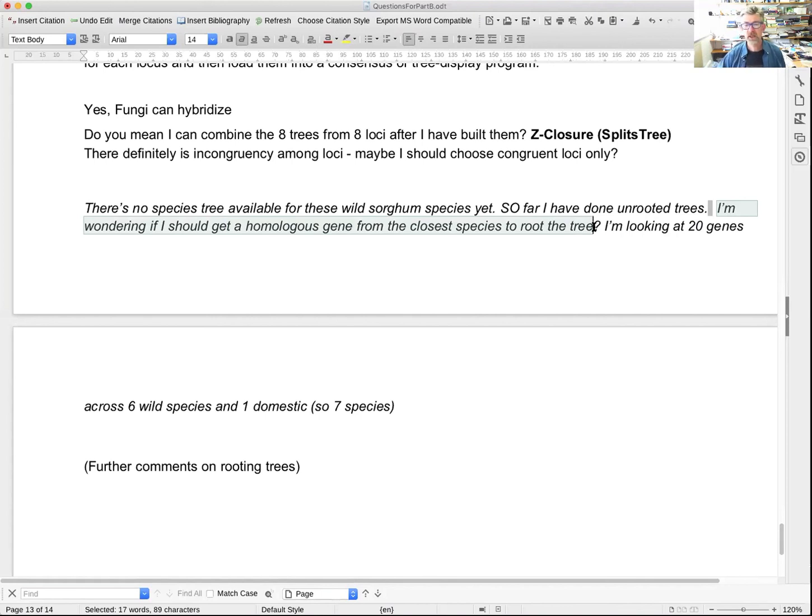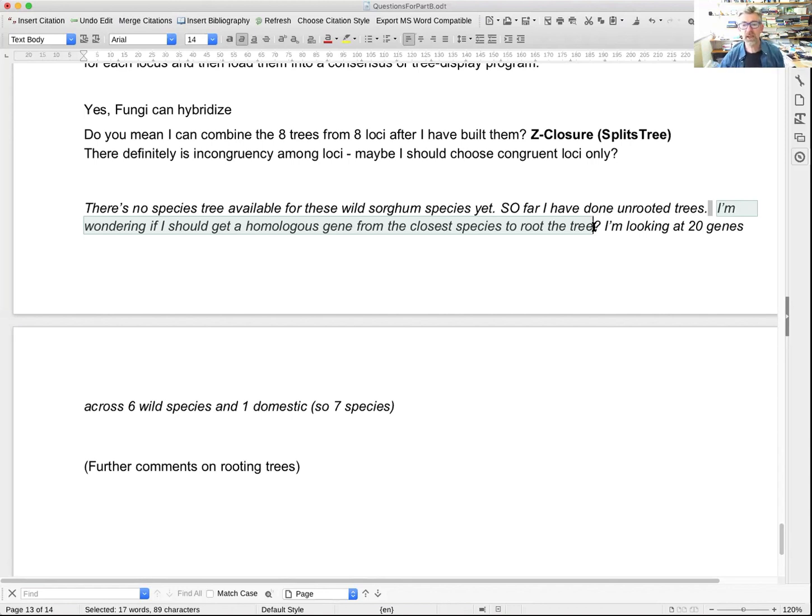If the closest species is joined to your in-group, that's the species of interest, by a long branch, you might want to actually collect a few closest species, relatively close to the wild sorghums, but you know that they're not wild sorghum. So they're outgroups, but if it's a group of them, you might be able to break a long branch into a few shorter branches.